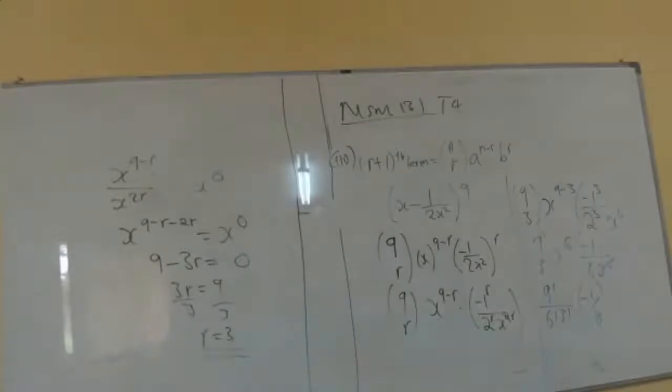So that's basically what you have as your final component. Alright, so 9 factorial over 6 factorial, 3 factorial.